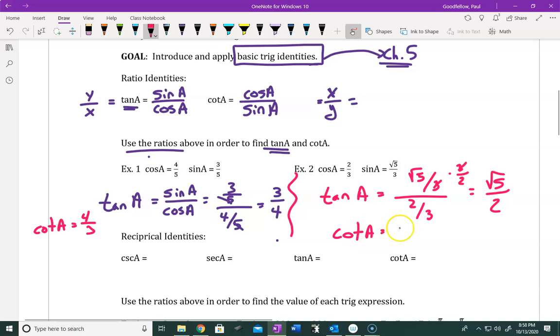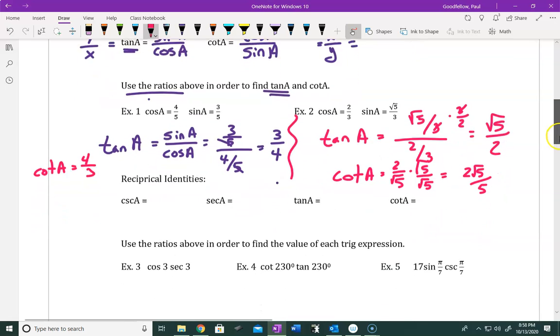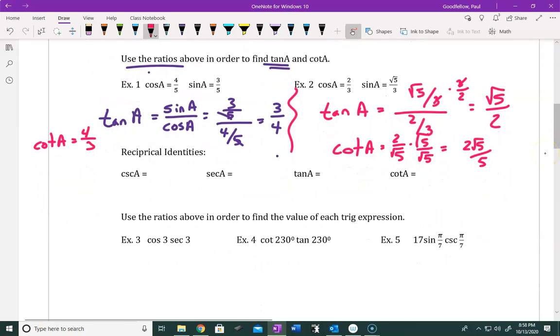Cotangent in this case would be this flipped over, 2 over the square root of 5, which is illegal, as we've all learned. We'd multiply by root 5, and we'd end up with 2 root 5 over 5, and that would be the answer for the cotangent.